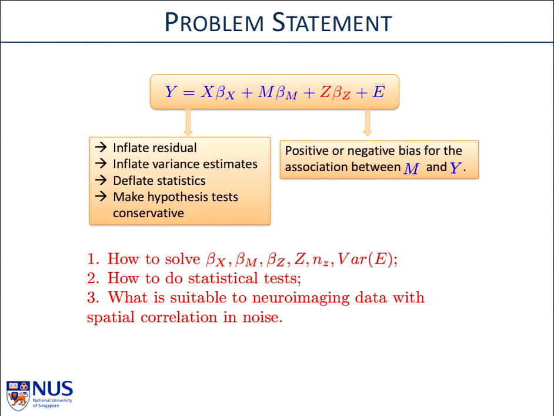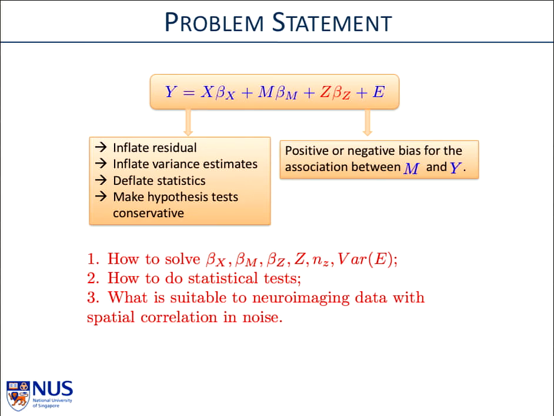So that means we have unknown confounding variables Z in the regression model. Then I also have the coefficients that associate with this Z. Okay, so I'm going to put all of these things into the regression model, and certainly I don't know beta X, I don't know beta M, and I don't know Z and beta Z, as well as the residual, the errors we need to know.